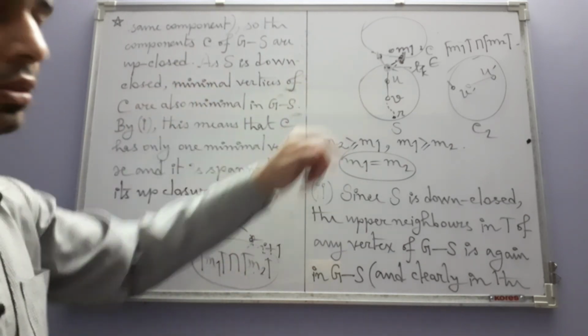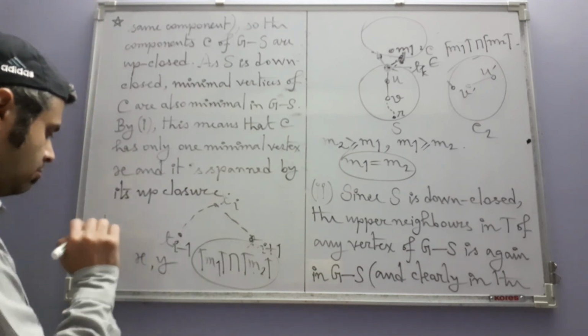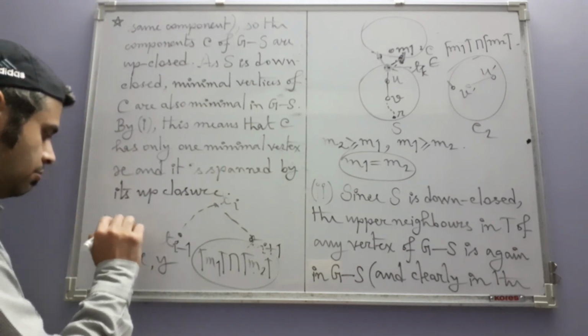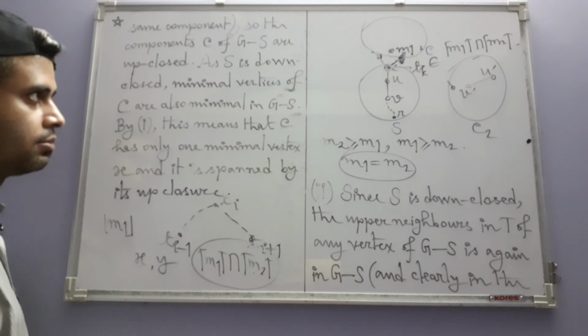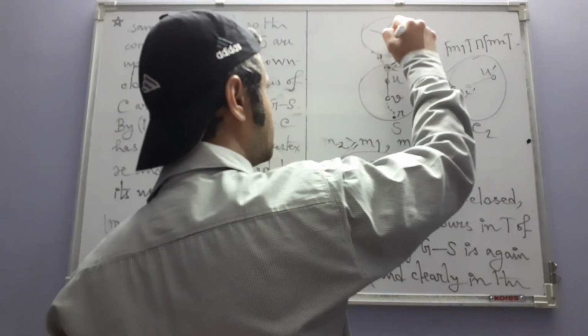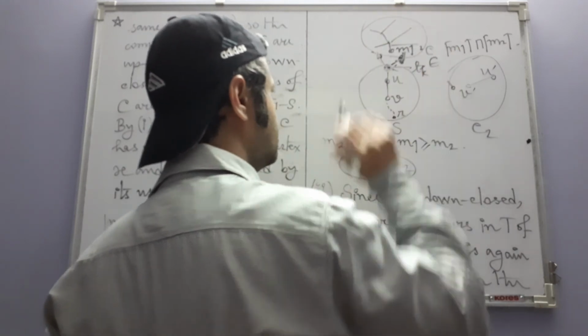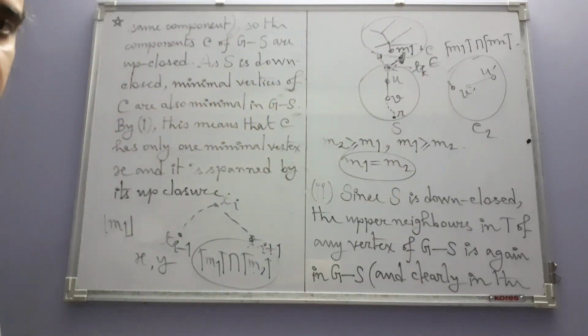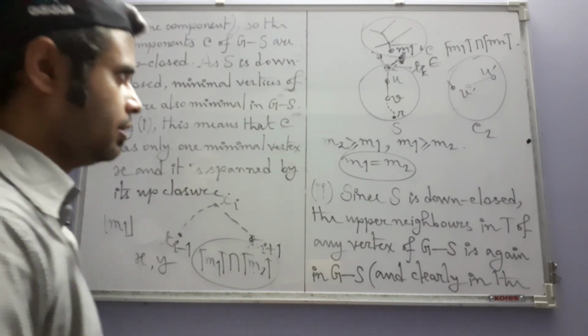So the up closure of M1 is the tree part in C. Okay. And that's just it. Have I missed something here?